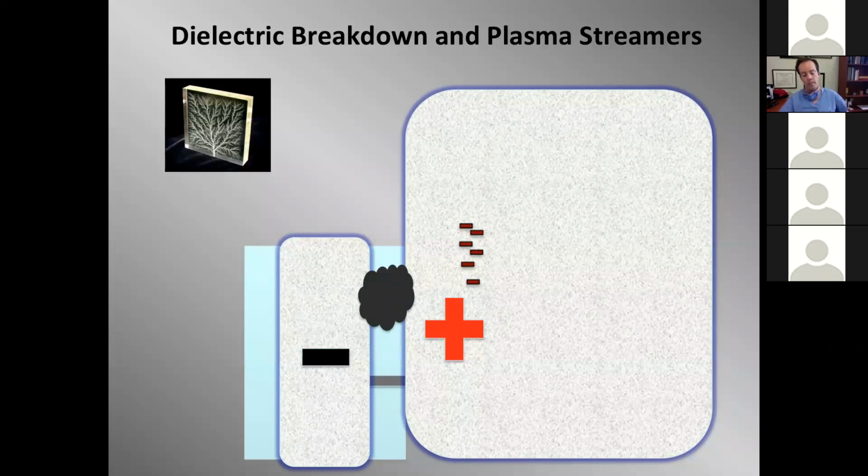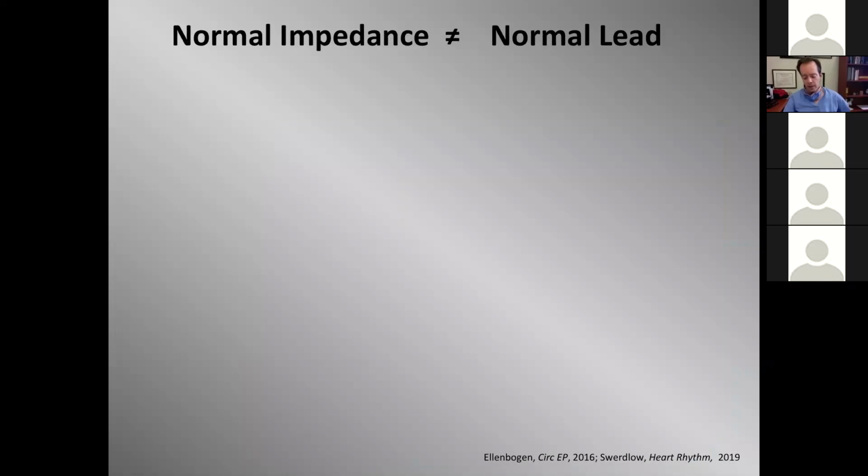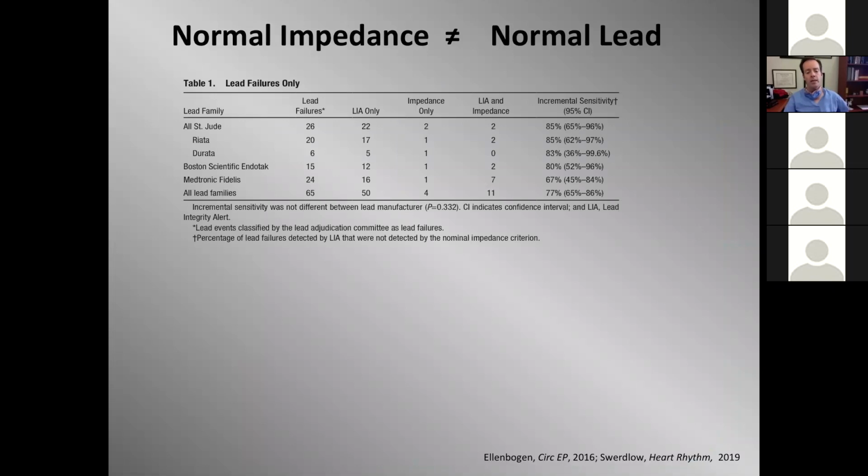So the point here, and it's an important one, is that myopotentials on RVs are always bad. And through a nice set of experiments, you should never use normal impedance to reassure yourself that the lead is okay, especially when it comes to high energy versus low energy.